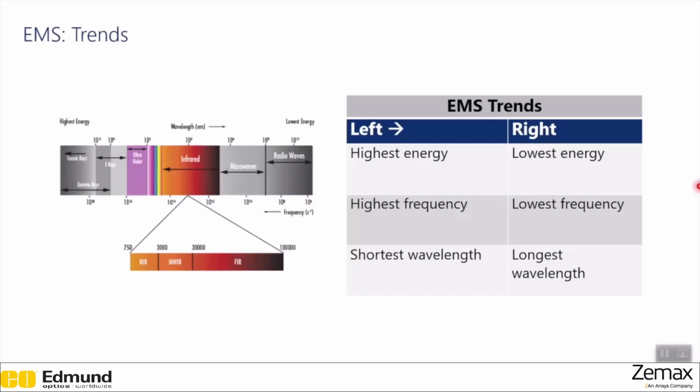This also corresponds to the highest frequency to the lowest frequency. The reason why the highest energy and highest frequency line up together is because higher frequencies mean more oscillations within a given amount of time, which means more kinetic energy carried by those waves. And then finally, again from left to right, we have shortest wavelength to longest wavelength.